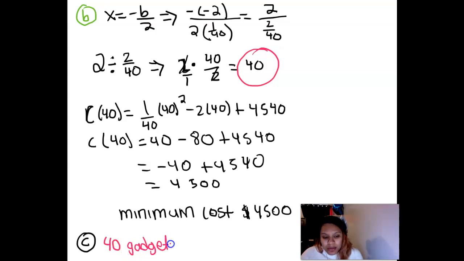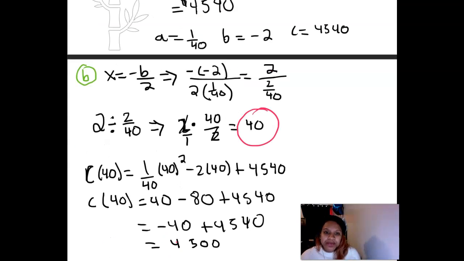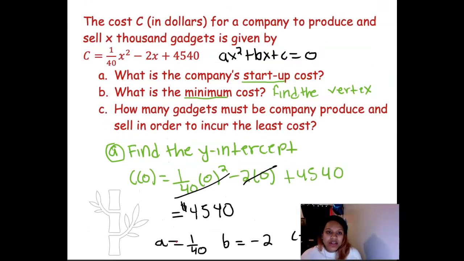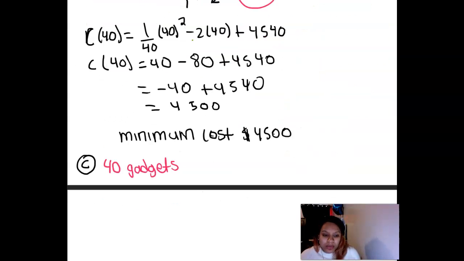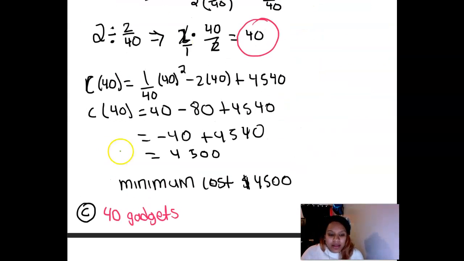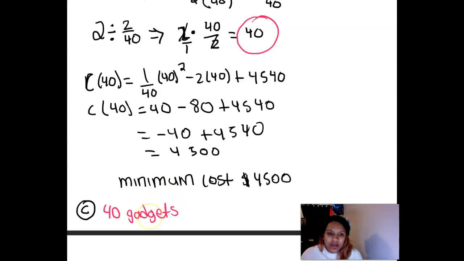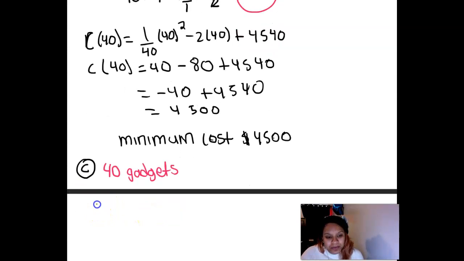Now let's see something because there's something that we have to change. If you notice here, it says the number of gadgets is in x thousands. So we need to multiply this 40 times 1,000. So the minimum number of gadgets to produce is 40,000.